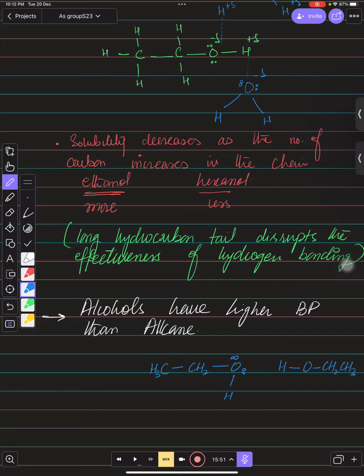We have two ethanol molecules over here. You can see that here this is partial positive and this is partial negative. So within alcohol there is hydrogen bonding as well. Suppose you have another alcohol molecule like this, so there will be partial negative and partial positive attraction over here. So within alcohol you also have hydrogen bonding; the molecules start hydrogen bonding with each other. When molecules hydrogen bond with each other, then along with their intermolecular force of induced dipoles they also have hydrogen bonding, because of which their melting and boiling points are higher as compared to alkanes. Is that clear, every one of you?